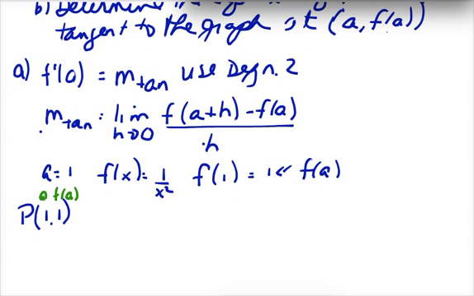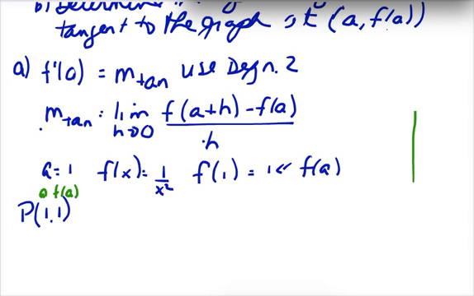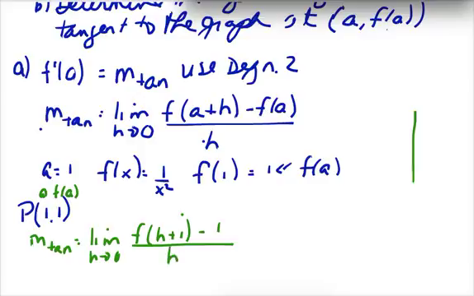So let's substitute in what we know into our equation and solve the limit. This is the limit as h approaches 0 of f of h plus 1, because that's what a is, minus f of a, which is 1, all over h. Substitute into the equation, and this is 1 over h plus 1 squared minus 1 all over h.